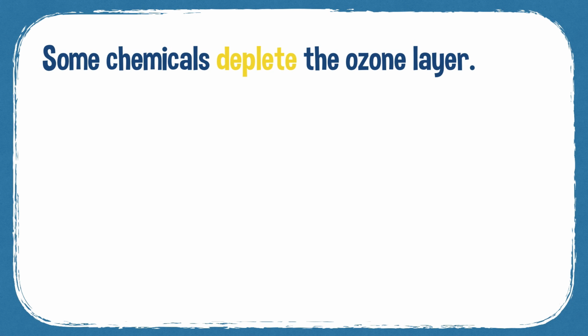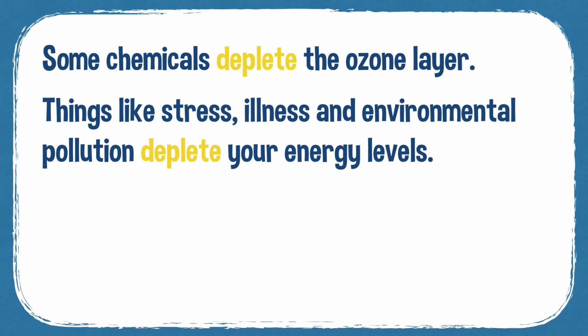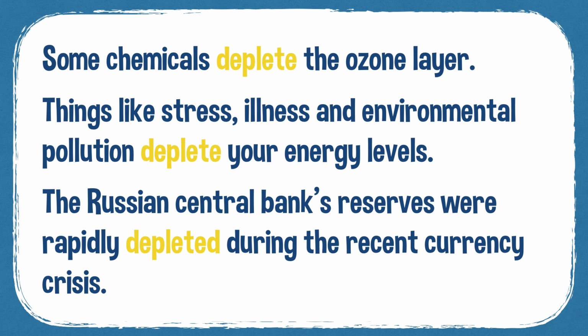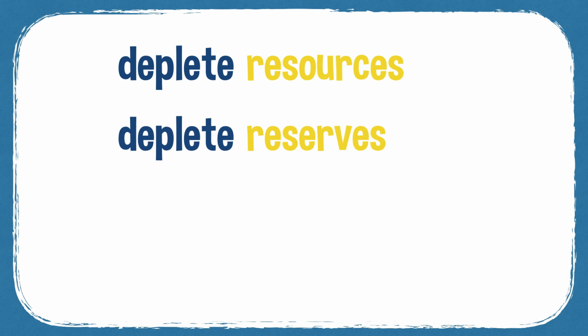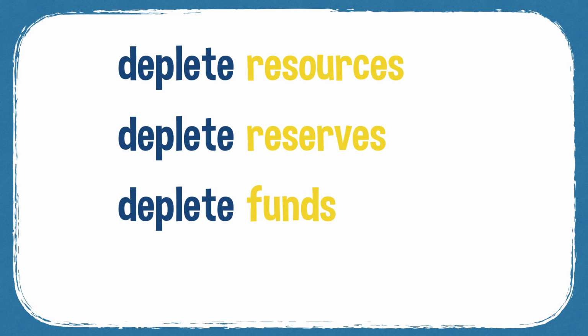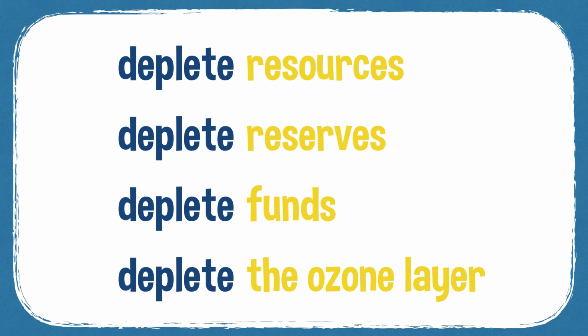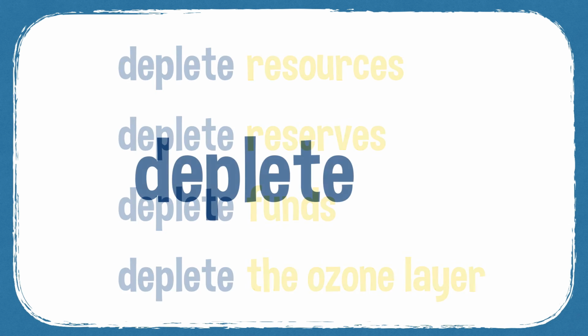So, for example, some chemicals deplete the ozone layer. Things like stress, illness, and environmental pollution deplete your energy levels. The Russian central bank's reserves were rapidly depleted during the recent currency crisis. So you often deplete resources, deplete reserves, deplete funds, deplete the ozone layer.